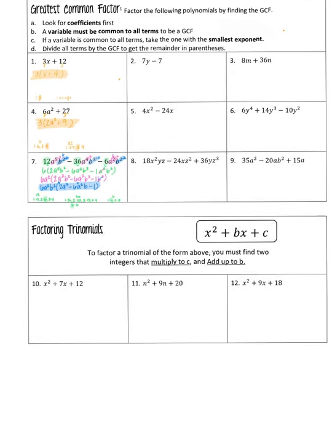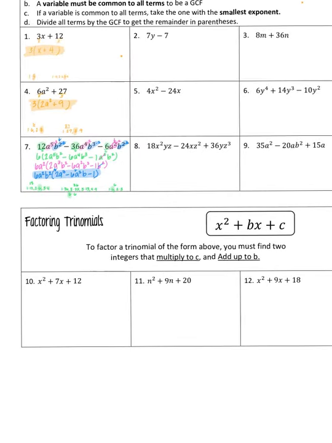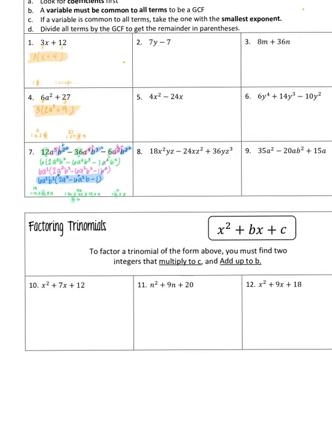All right, let's look at factoring trinomials together. So to factor a trinomial of the form above, you must find 2 integers that multiply to c, which is, they're talking about c right here. They're going to multiply together to give you that number, but they have to add up to give you b, or the number in the middle.